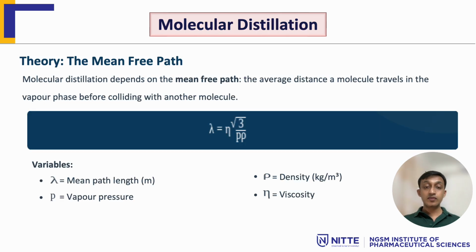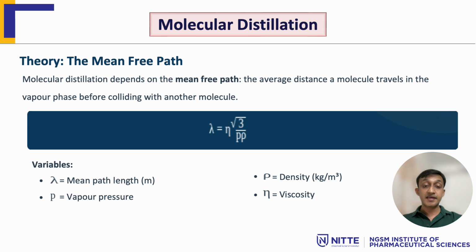Now, let us move to a more advanced and highly specialized technique known as molecular distillation. Unlike steam distillation, which utilizes the concept of immiscibility and vapor pressure addition, molecular distillation is fundamentally based on molecular transport under high vacuum conditions.